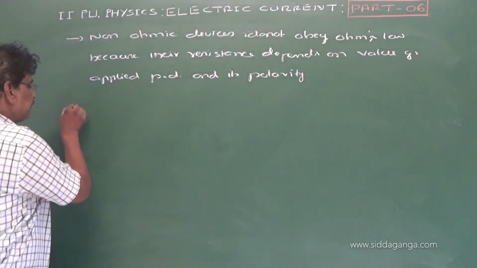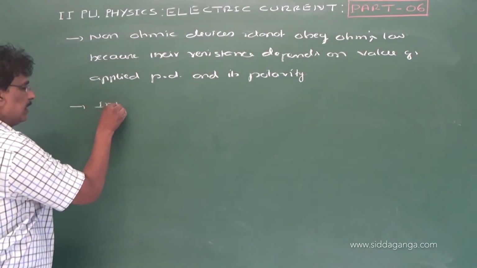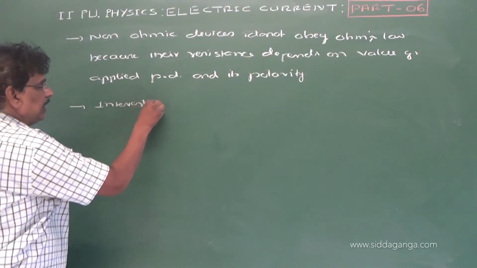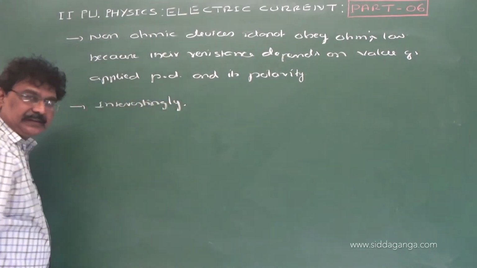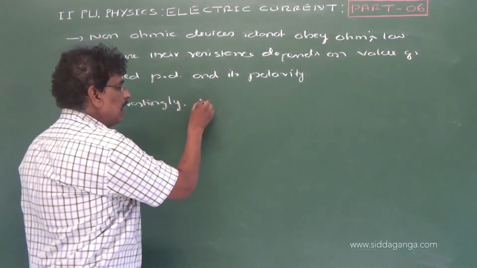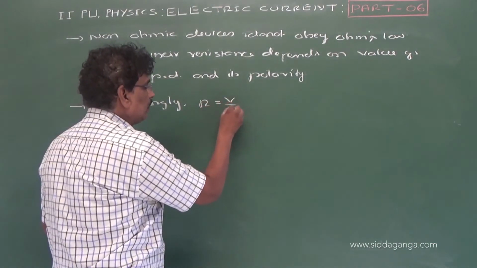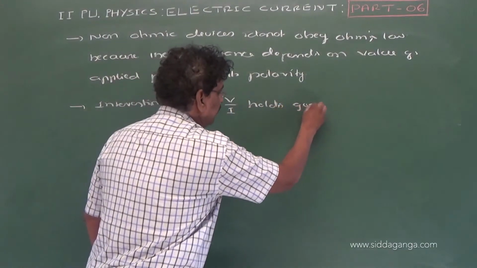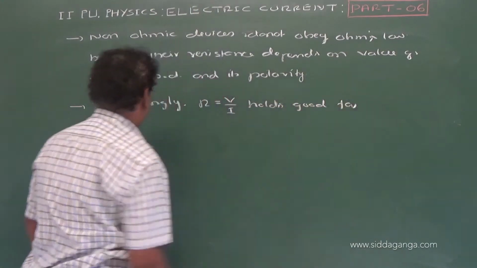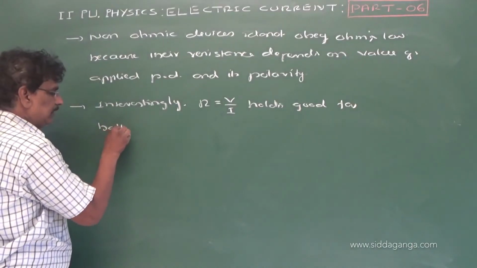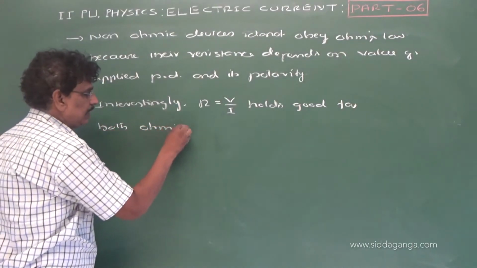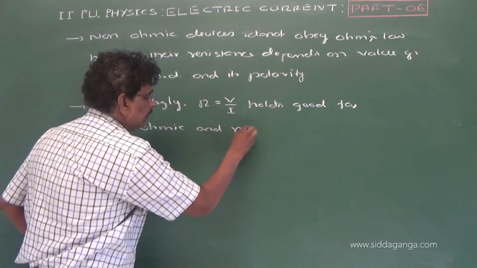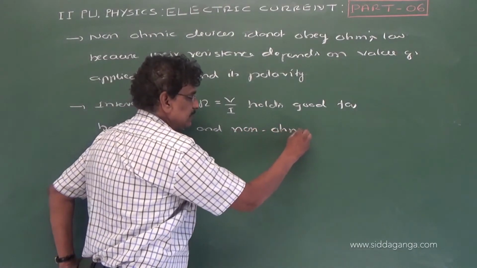Interestingly, R is equal to V by I holds good for both ohmic and non-ohmic devices.